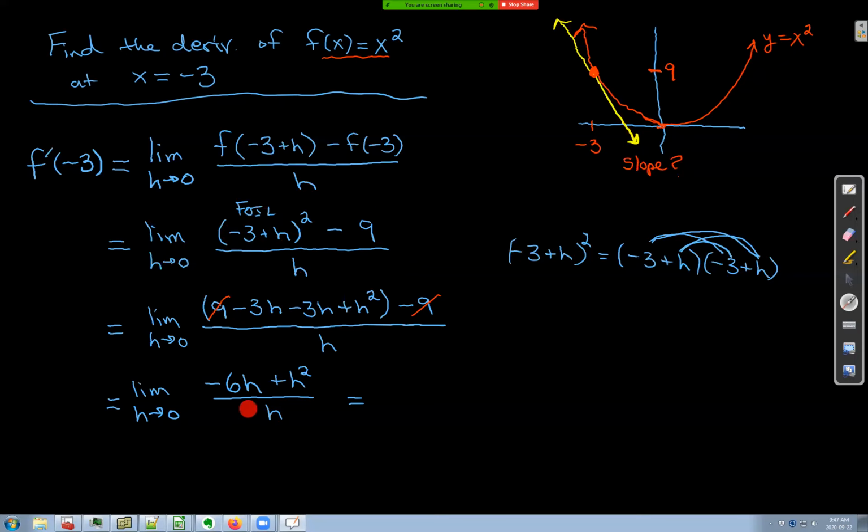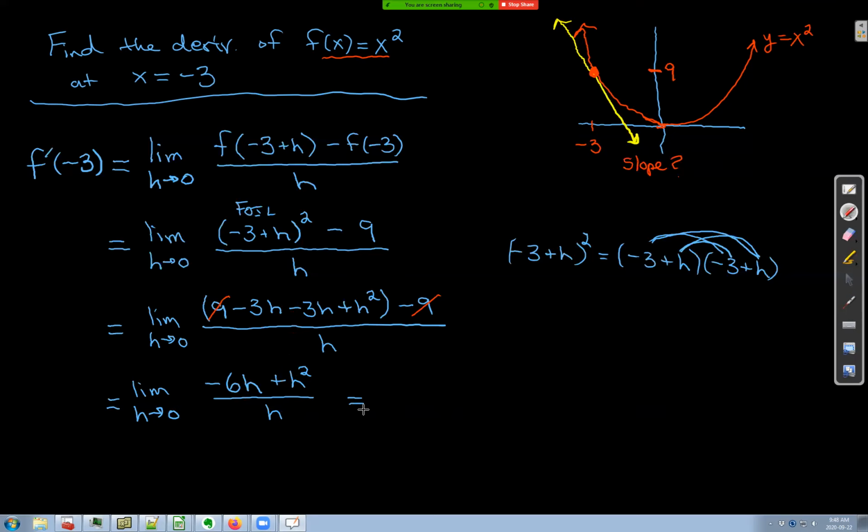But now that it's simplified, I should try it again. I should try plugging in h is equal to 0. But unfortunately, you can see that if I try plugging in h is equal to 0, it still gives me 0 over 0. So that's bad. But what that tells me is there's more simplification to do. So if you're ever wondering, Travis, how do I know when I've done enough simplification?